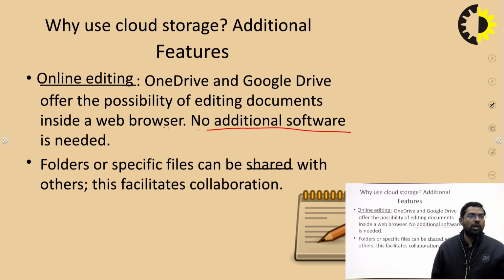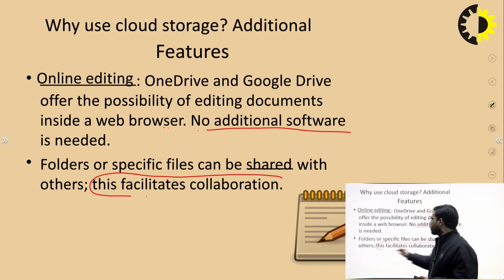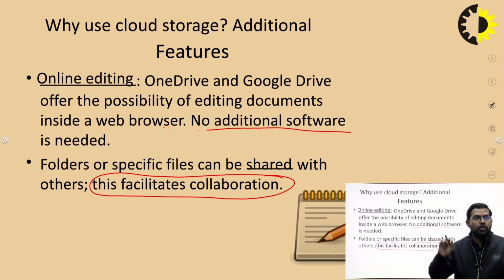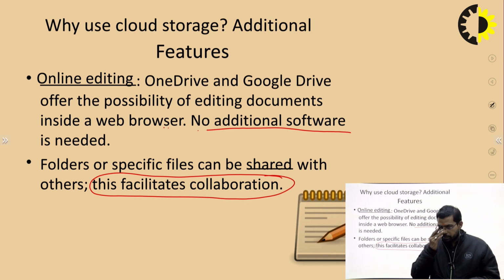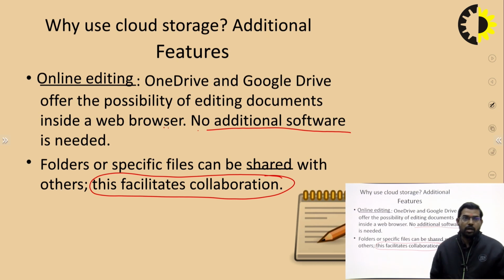A folder or a specific file can be shared with others. This facilitates collaboration. For example, Google Doc, Google Spreadsheet, or Google Presentation. You just create a Google Doc on a sharing basis, and there is no need of Microsoft Office or any office software.